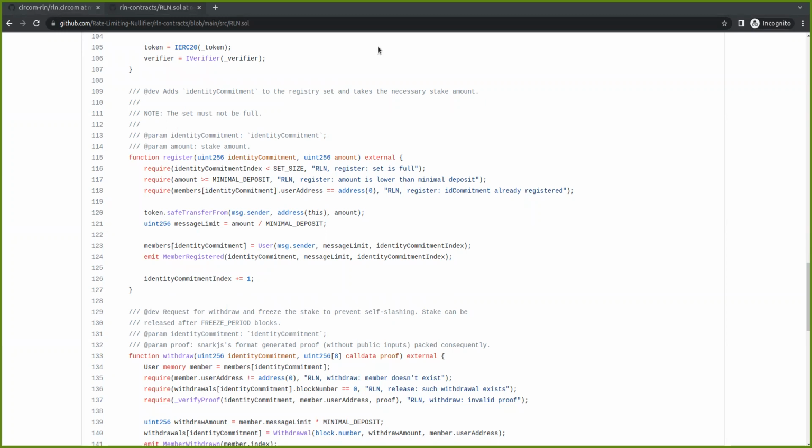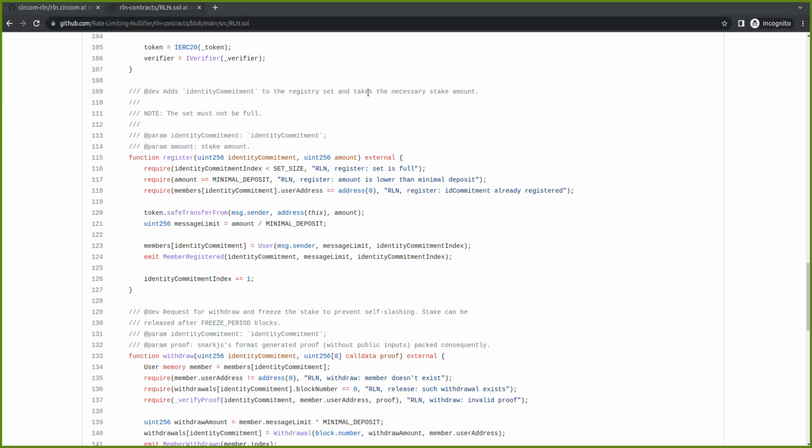No. No, you don't need it. No, I don't think so. When you're registering yourself, there is an event emitted, and nodes are listening to these events and implementing the update.